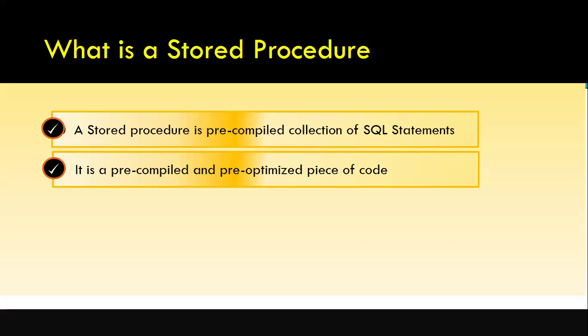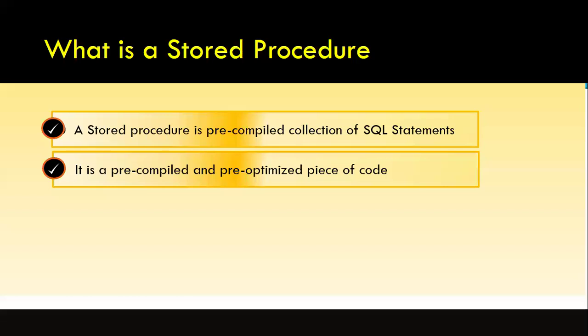Okay. So once you have written the functionality, everything in a stored procedure, and then if you execute it, it will get compiled once. Okay, and then pre-optimized, and then it will get executed. Whenever you invoke the stored procedure, it will not compile the code each and every time you call it.